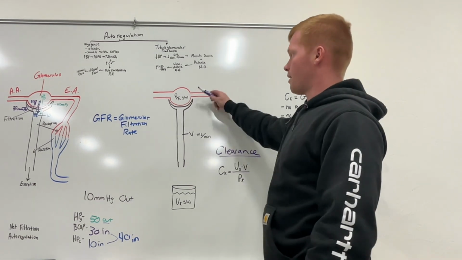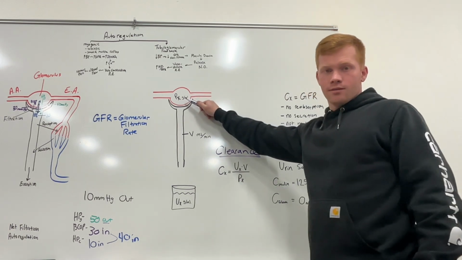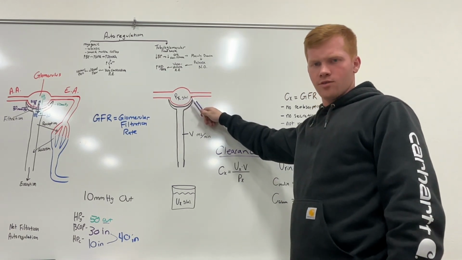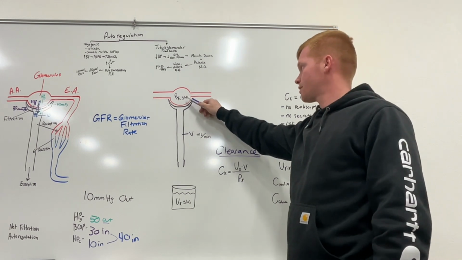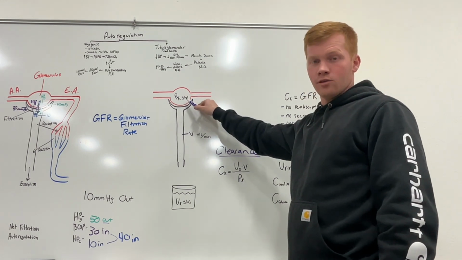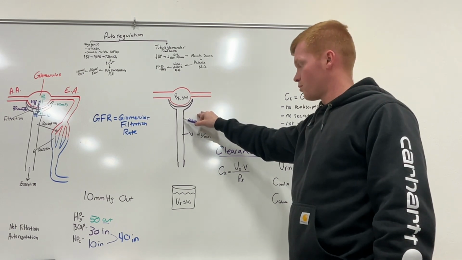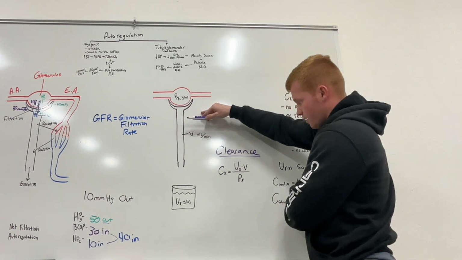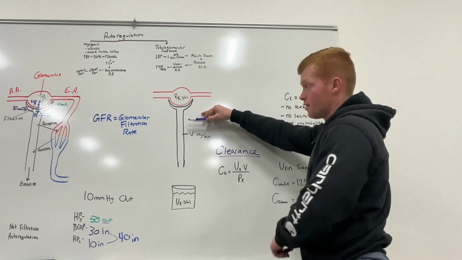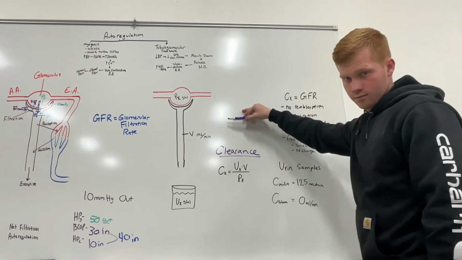Because let's say we had 100 grams per milliliter of glucose. Sounds so high. It's supposed to be milligrams. But we're supposed to have 100 glucose filtered through. The clearance is 0. That means 0 got cleared from the blood. So that means all of it got reabsorbed.